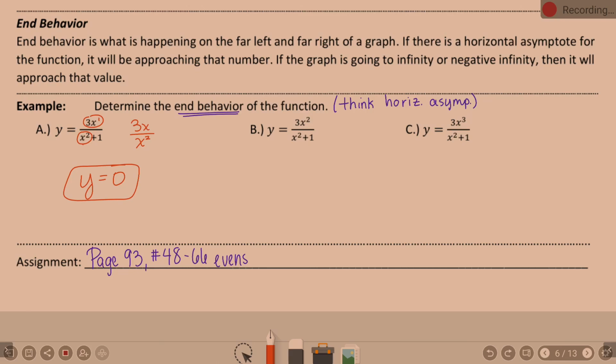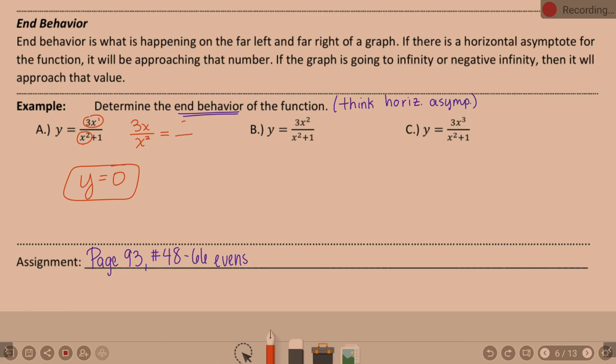Okay. Is that it? I was just debating. The only other thing I want to talk about here before I move on, 3x over x squared. That's looking at the biggest powers, right? If you reduce that, what does that reduce to become? Reduce as in, what can we divide out of top and bottom? An x.